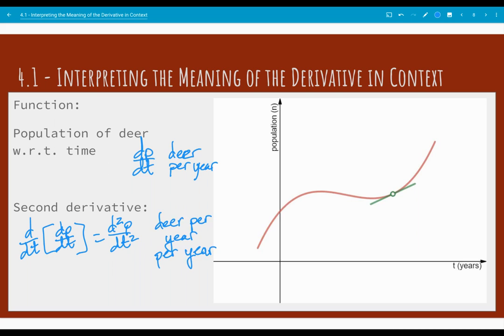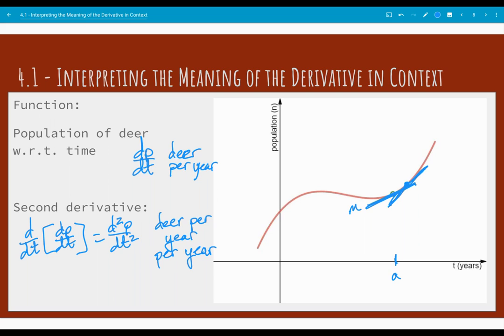And from the physics context, we could say deer per year squared. Again, a square year doesn't mean anything, so I'm not a big fan of doing that, but it's not wrong to do that. But essentially what that's saying is this slope right here tells us how fast the population of deer is changing at this time. But if we move a little bit further along, not only has the population increased, but the speed that the population is increasing, the slope of the tangent line, also increased.